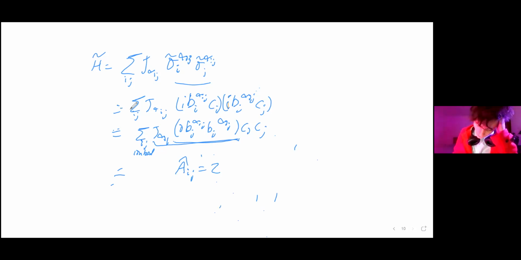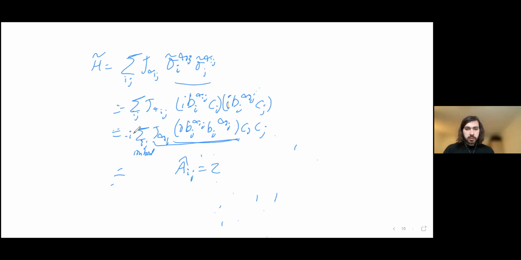Another minus sign cancels with the factor of i squared. By the way, the overall sign of these J's doesn't actually matter for the spectrum, so they're sort of free.